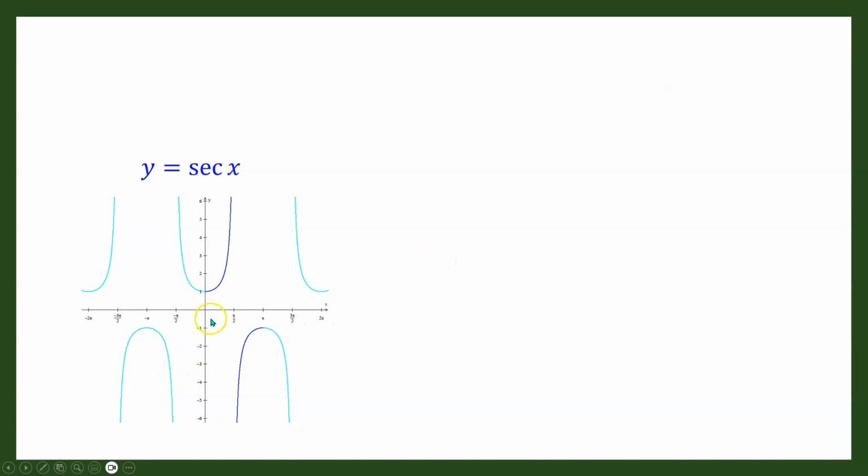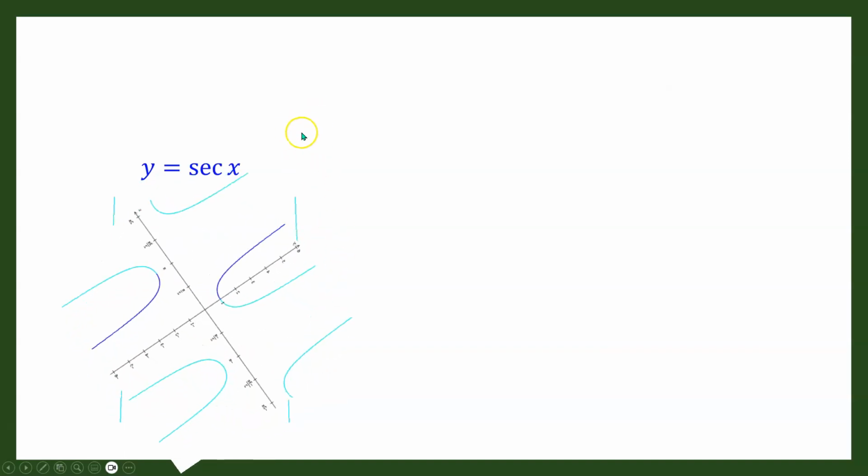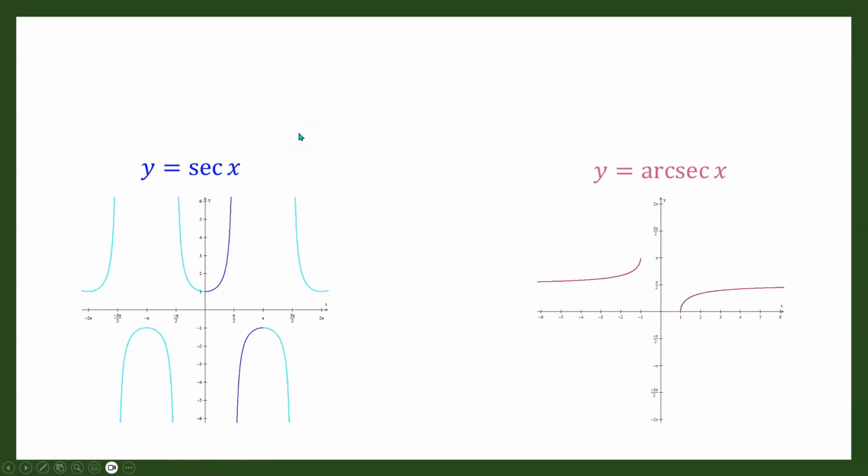If x is an angle between 0 and pi over 2, the secant of that angle is a number 1 or more. And if we're taking an x between pi over 2 and pi, the secant of that x is negative 1 or less. So to get an inverse of the secant function, we only allow ourselves to take the arcsecant of a number that is either greater than or equal to 1, or less than or equal to negative 1.